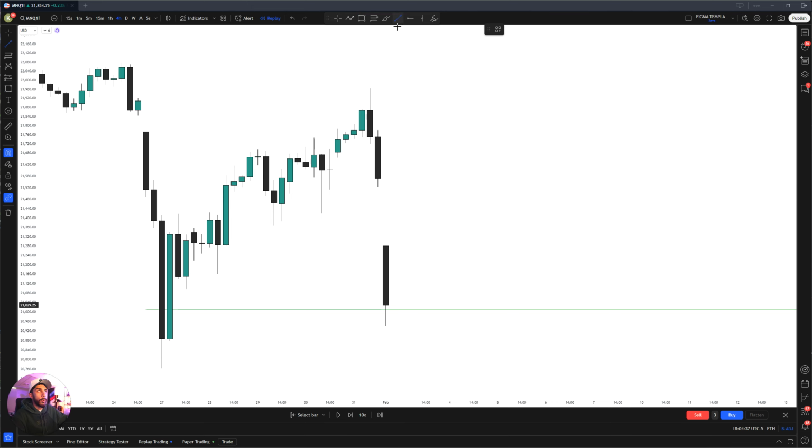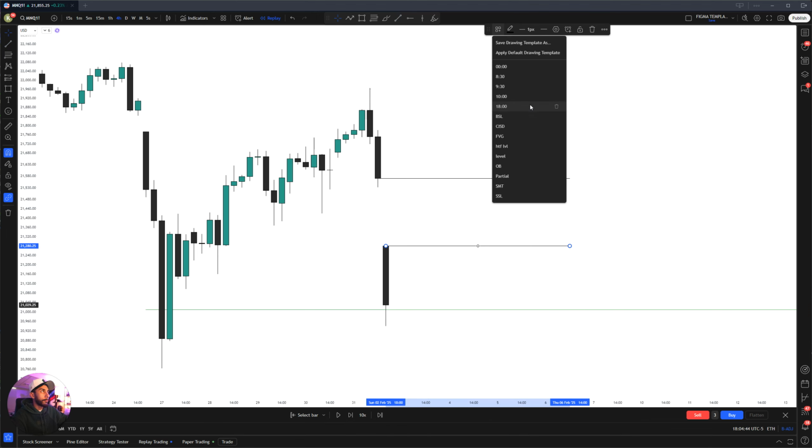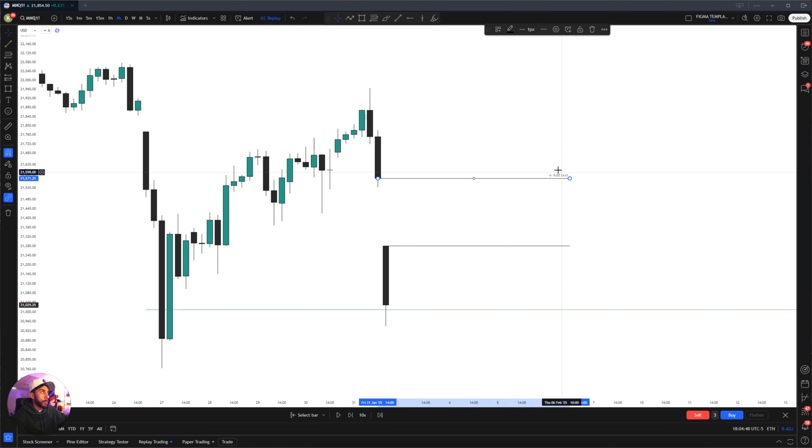And then obviously we want to mark out this new weekly opening gap, right? Right there. And I'm going to mark this with, this is essentially going to be your NWOG, right? So we'll mark that out just so we know that this is the new weekly opening gap. And this is where price is currently most likely to draw to, right?